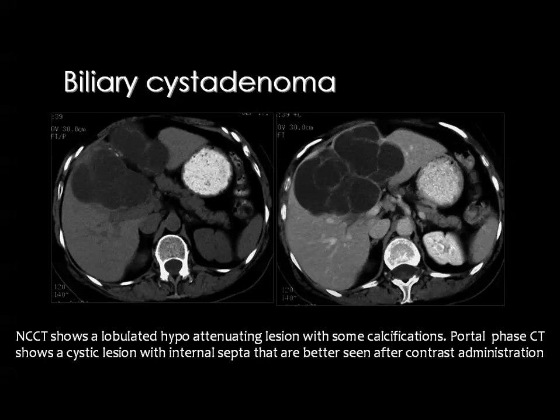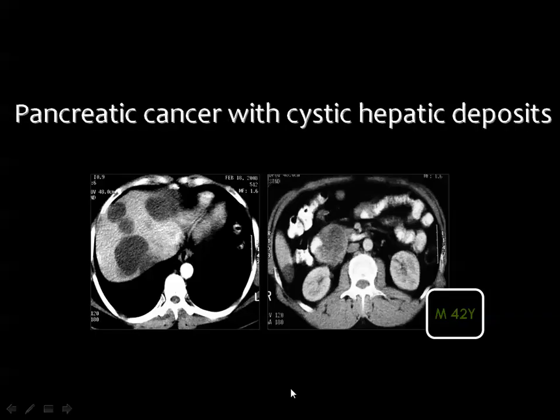In my opinion, if you see thick internal septations, or together with papillary projections or mural nodules, these are the supportive or suggestive criteria for you to suspect the possibility of biliary cystadenocarcinoma rather than cystadenoma.